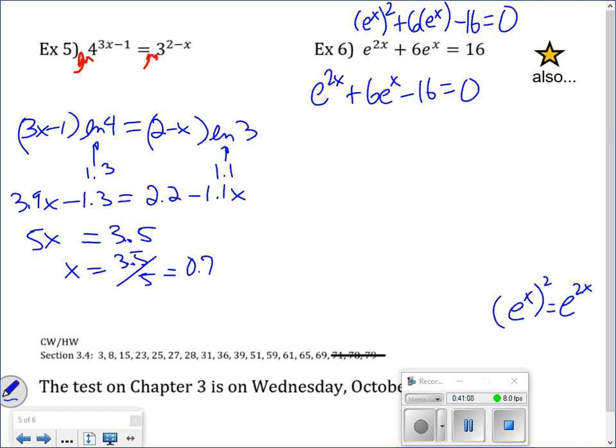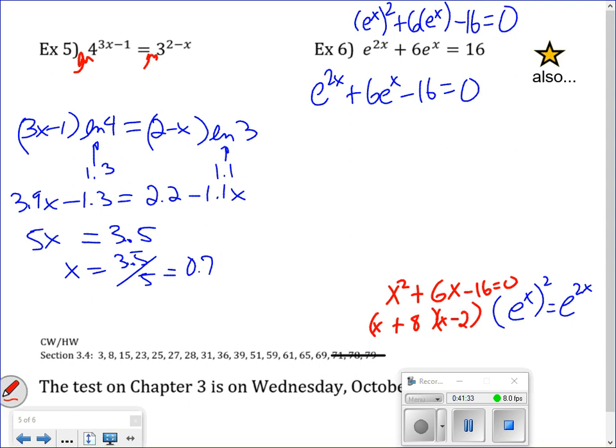So it's kind of like I have something squared plus 6 times that something, minus 16 equals 0. All right, can you factor this thing in red? What does the red thing factor to? 8 and 2, right? So plus 8 minus 2.